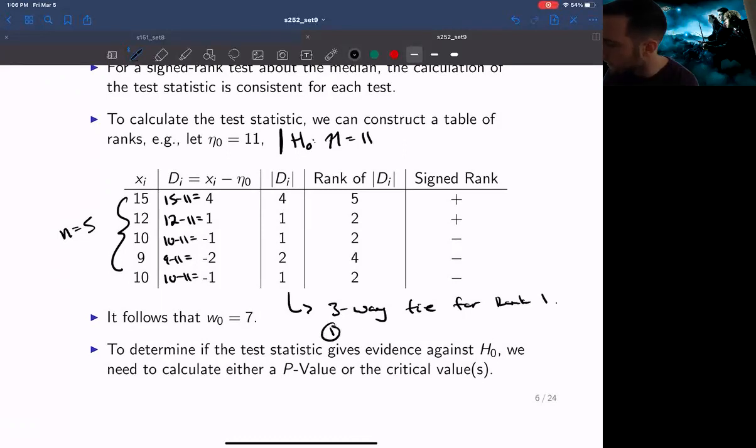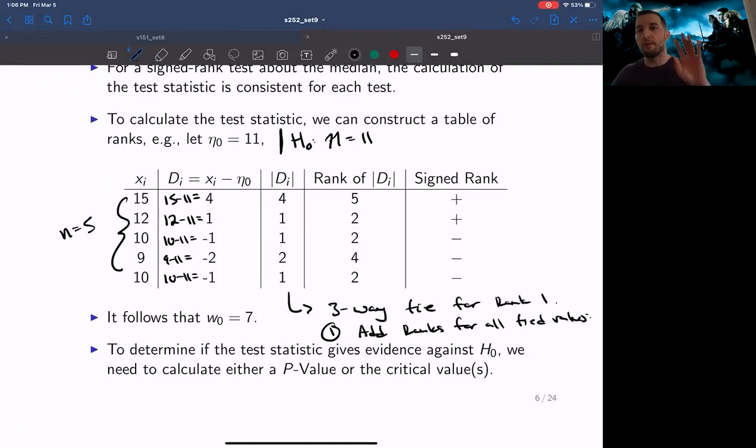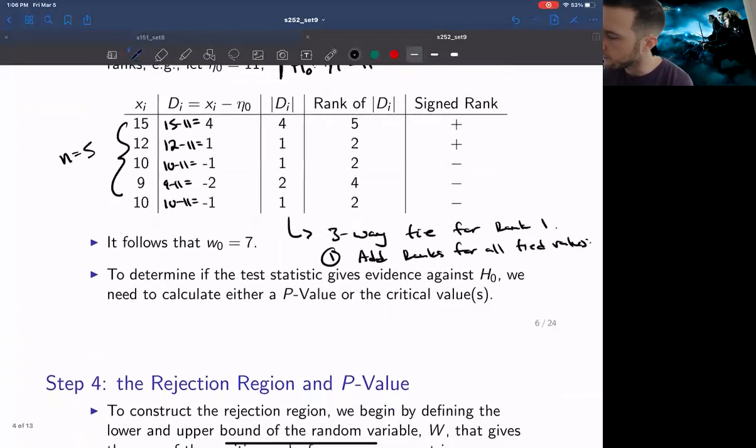So step 1, add ranks for all tied values. We have 3 values that are tied for being the closest to the median, so the 3 ranks that could be assigned here are rank 1, 2, 3. We always have to assign ranks from 1 to the number of observations in the data set. So for these first 3 values, we would assign ranks of 1, 2, and 3. I'm just going to move this part down here.